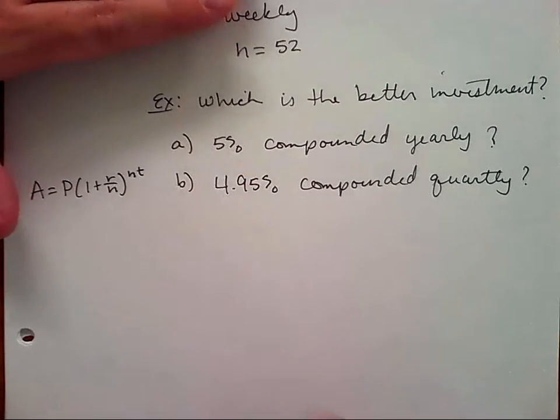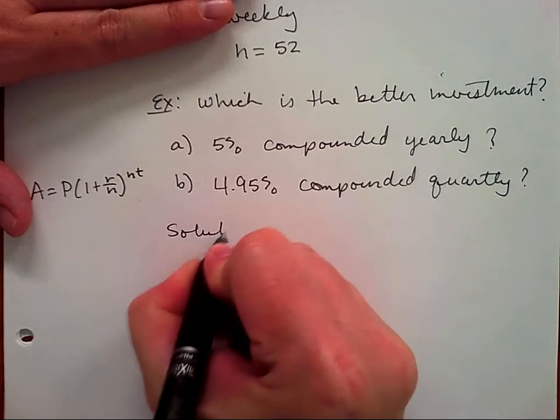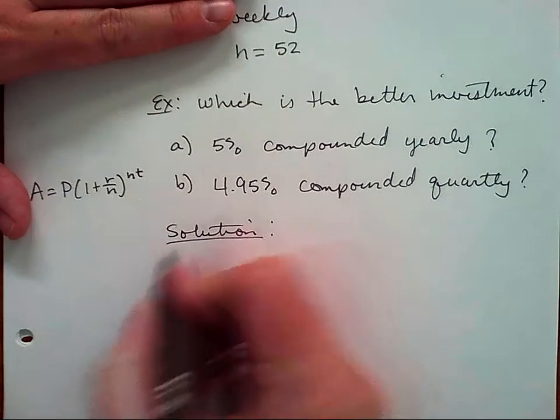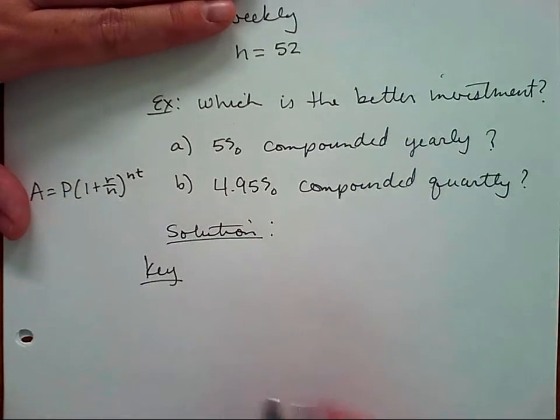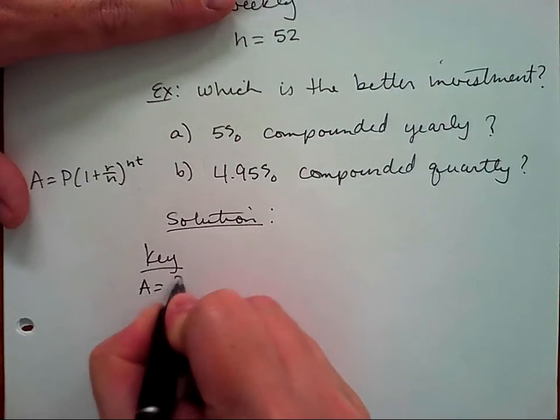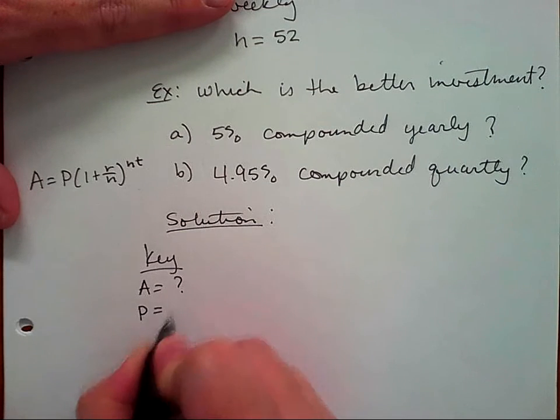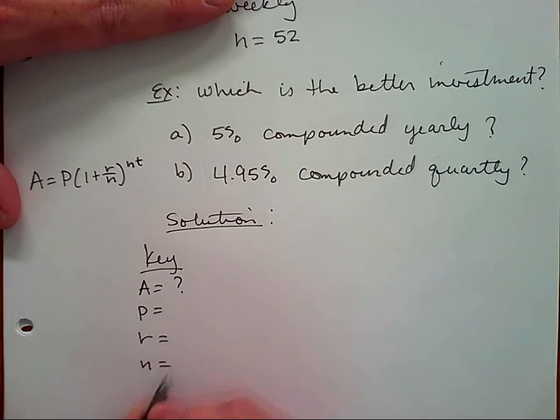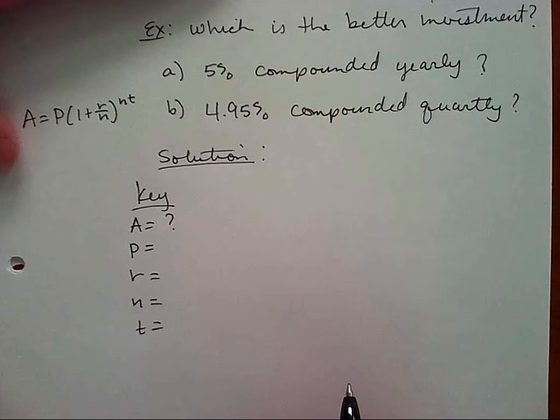Okay, so let's see. Key: A equals, that's what we're looking for. P equals, r equals, n equals, t equals.